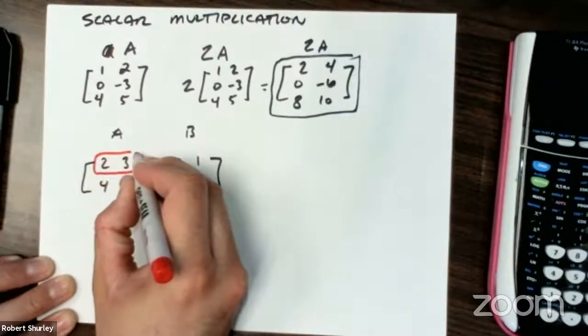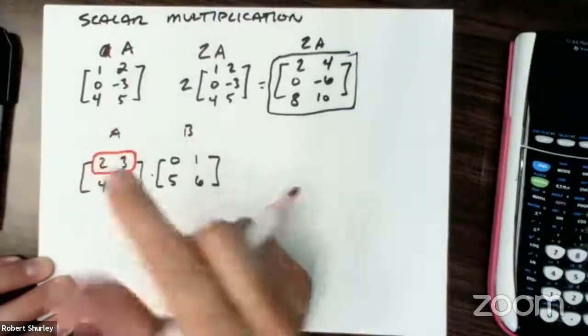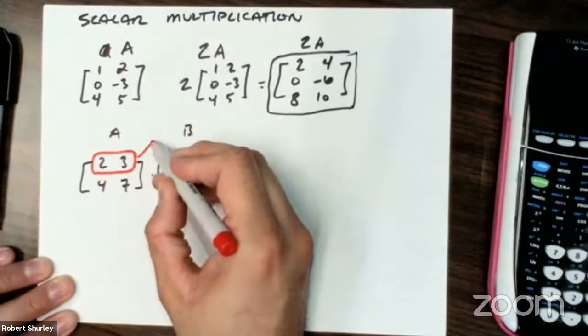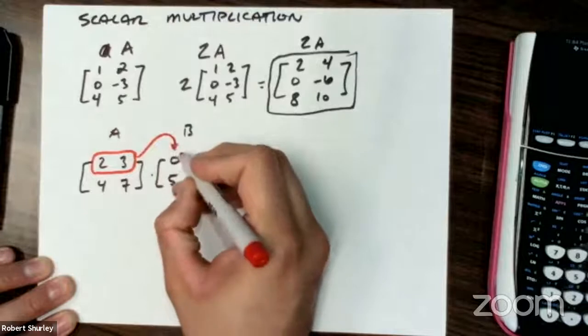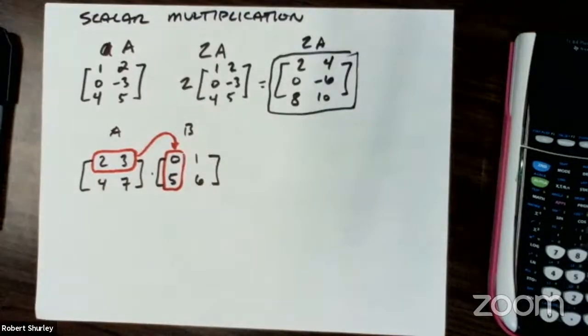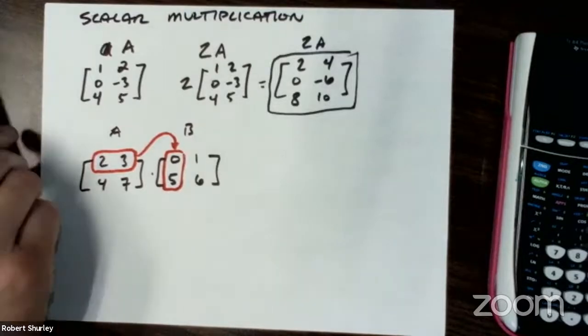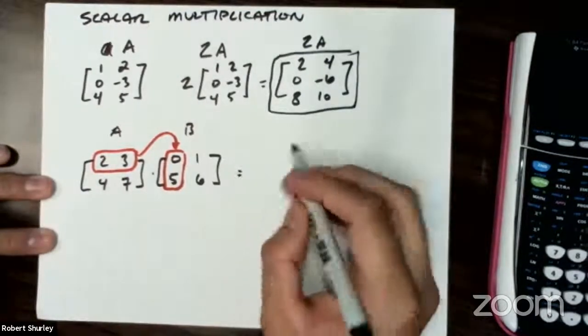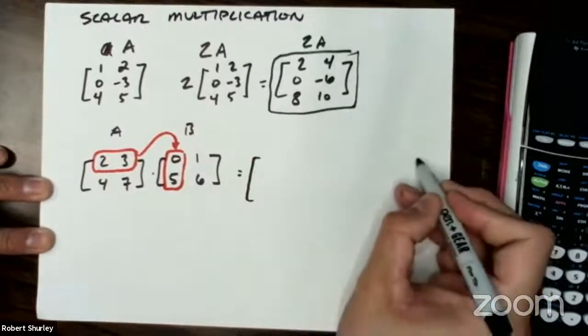Think of it like this. I take this off, detach it, and I drop it onto this first column. Now, I'm going to write this kind of bigger here.